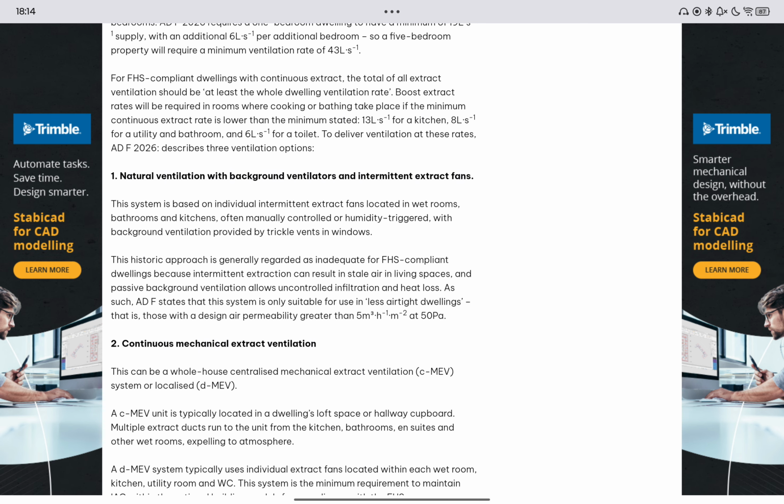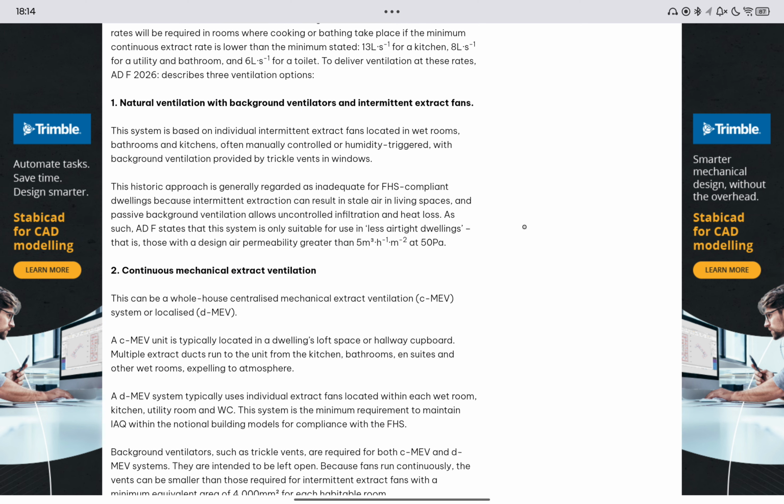Natural ventilation with background ventilators and intermittent extract fans. This system is based on individual intermittent extract fans located in wet rooms, bathrooms and kitchens, often manually controlled or humidity triggered, with background ventilation provided by trickle vents in windows.